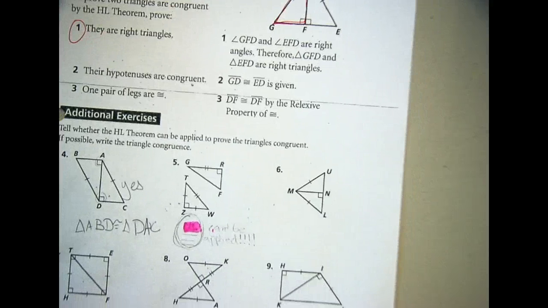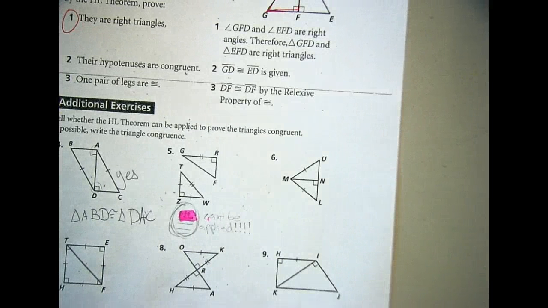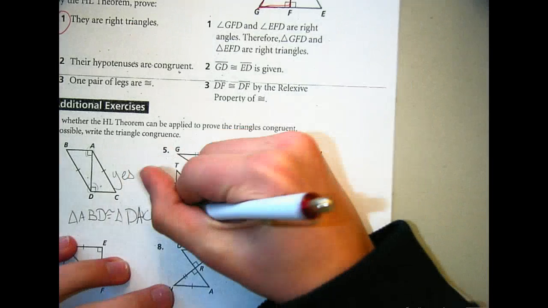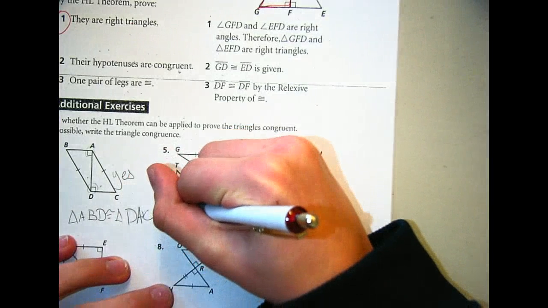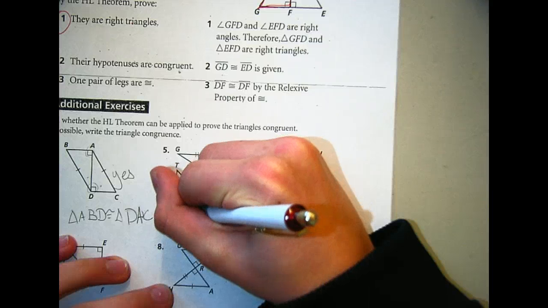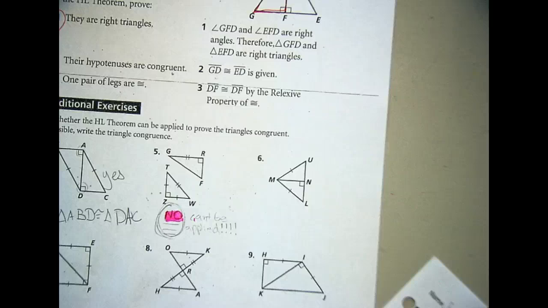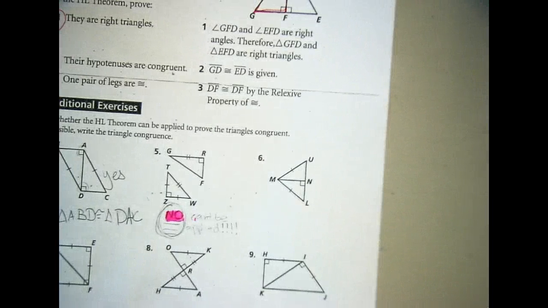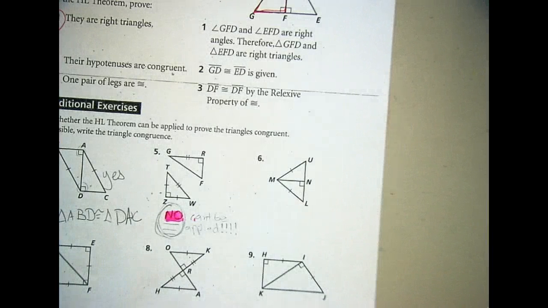I have a red pen. I have a black pen. I feel like a black pen would work better for me. Colors are great. Still really can't read it, but it's okay. I got this.